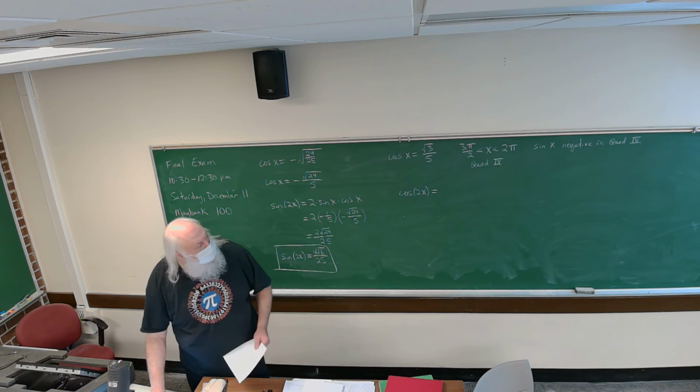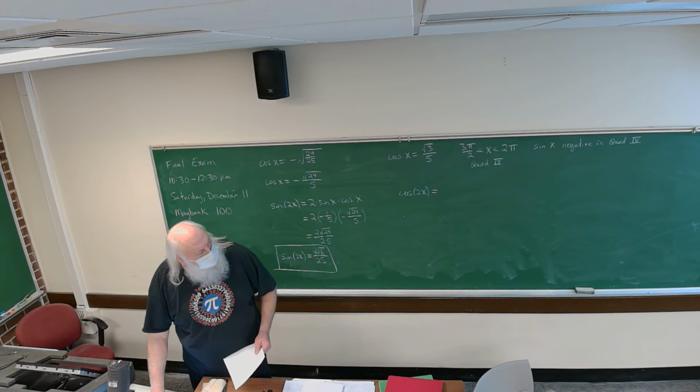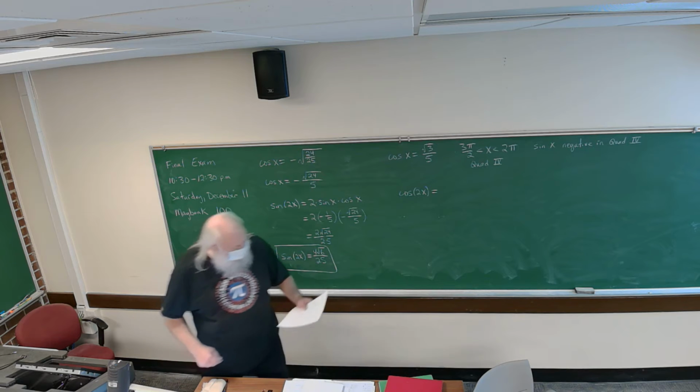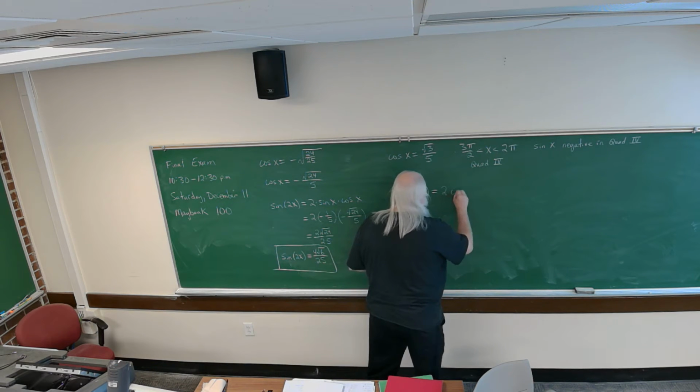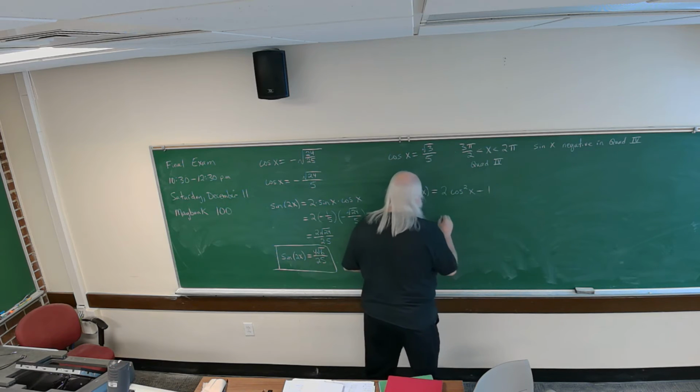We can use this second formula for cosine of 2x. It's equal to 2 times the cosine of x squared minus 1. So cosine of x is equal to square root of 3 over 5.